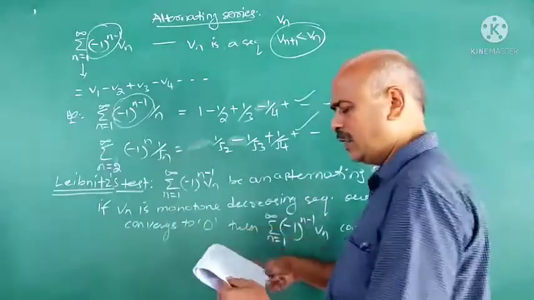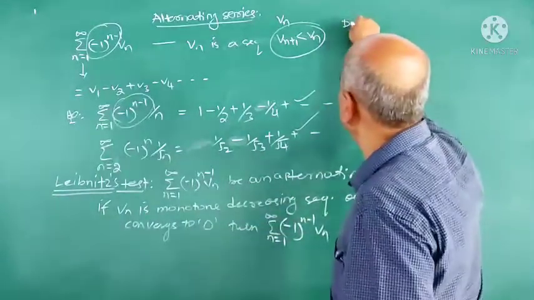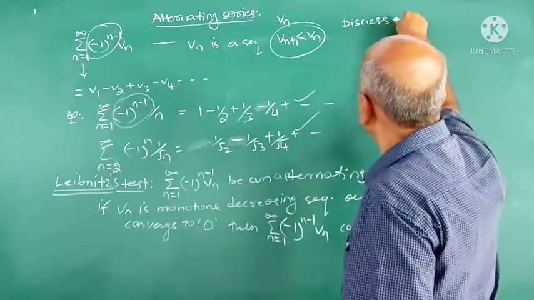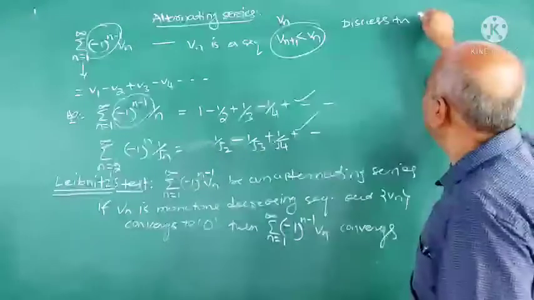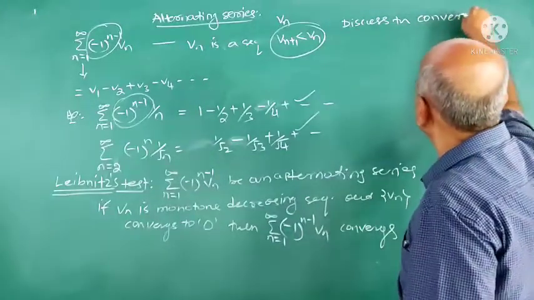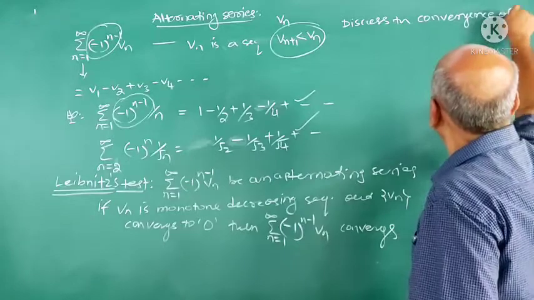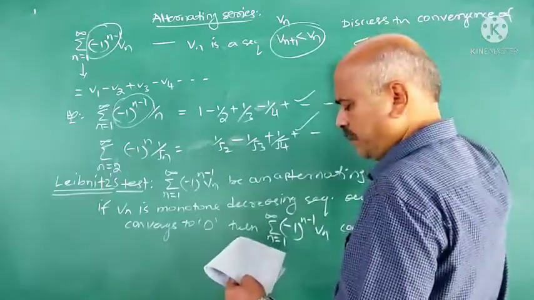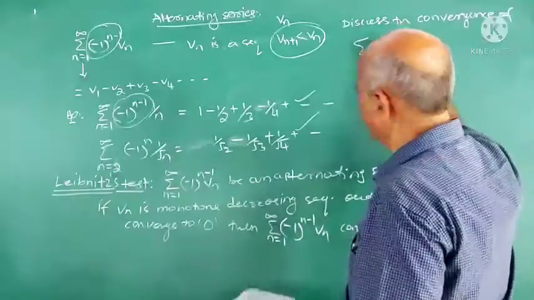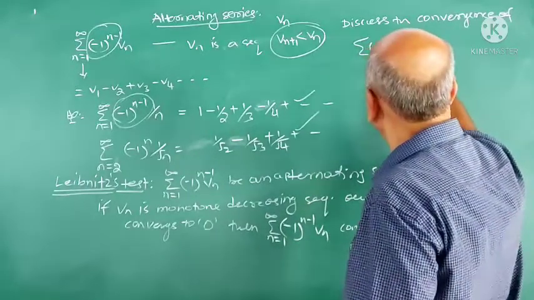Examples are like this. Discuss the convergence of sigma minus 1 raised to n, 1 upon root n.